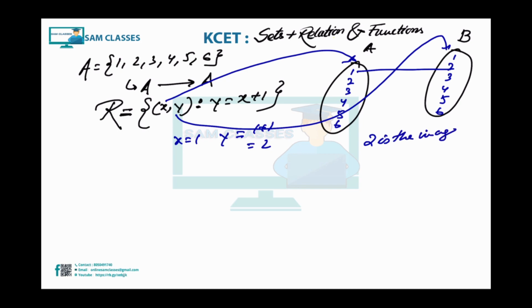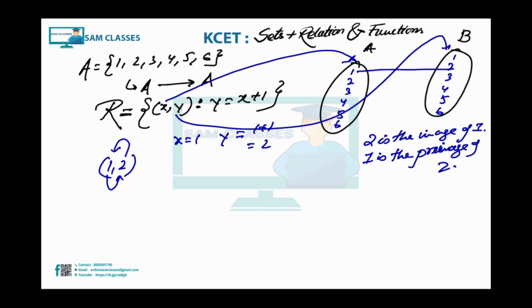We say 2 is the image of 1, and we say 1 is the pre-image of 2. Very simple: whenever we have (1, 2) linked, we say 2 is the image of 1 and 1 is the pre-image of 2. So that is clear to everyone.